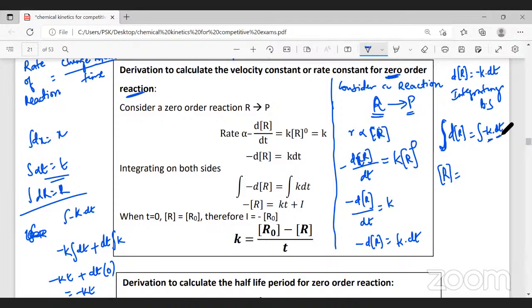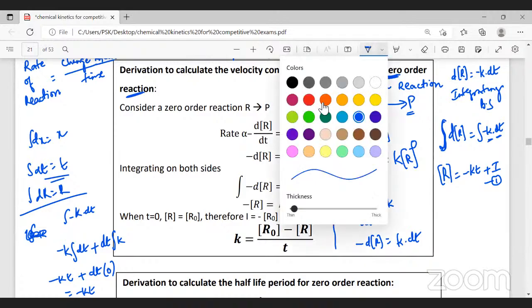So the integral of minus k into dt is minus kt. Now whenever we integrate, we should give an integration constant. We will give that integration constant as I. We will mark this as equation number 1, for our understanding.